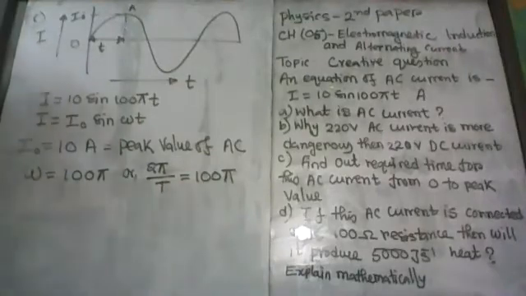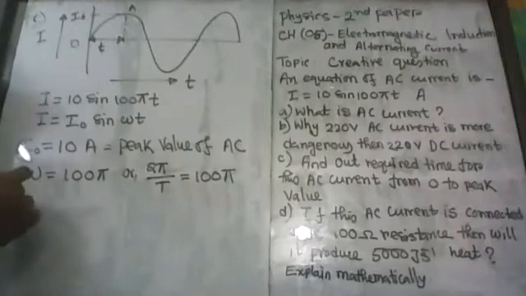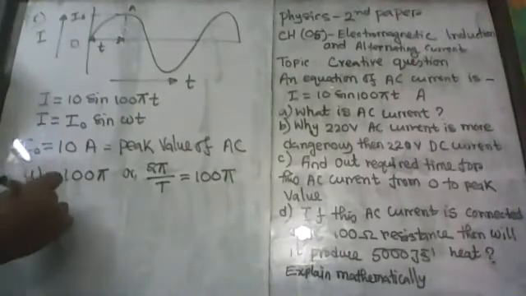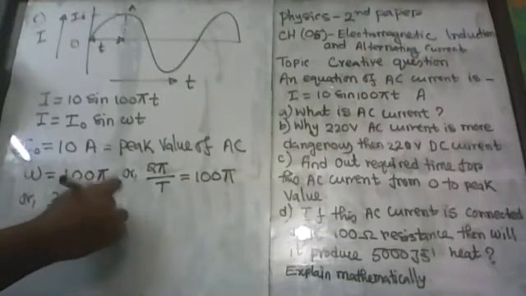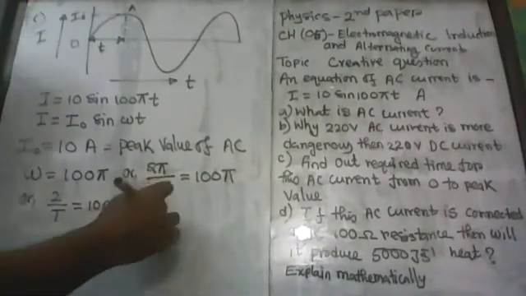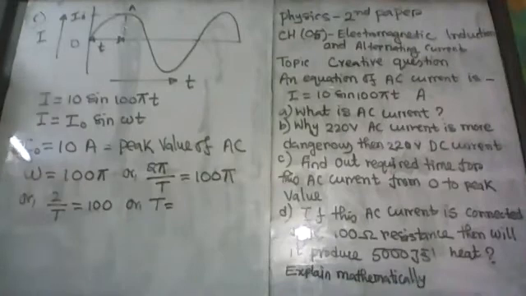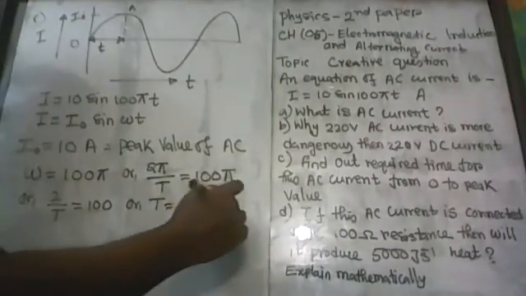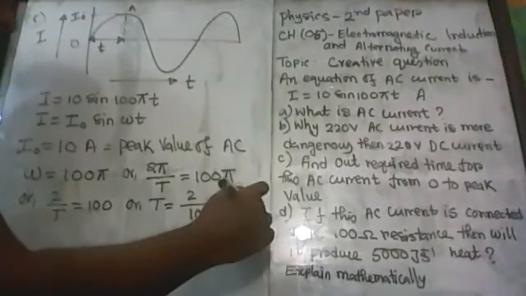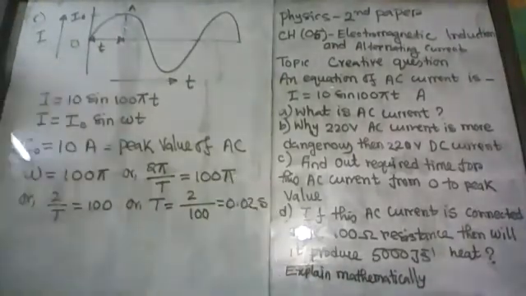Pi cancels from both sides, so 2 divided by T equals 100. Cross multiplying, T equals 2 divided by 100, which is 0.02 second. This is the time period of this AC current.